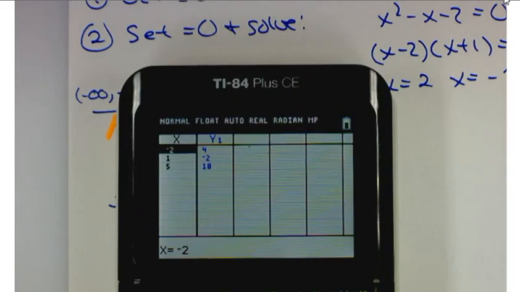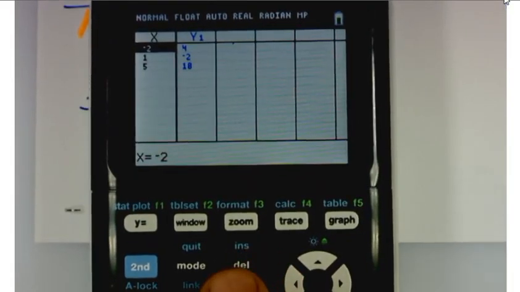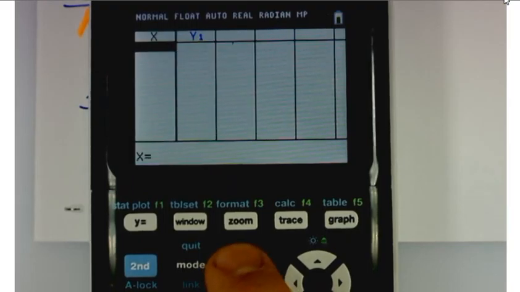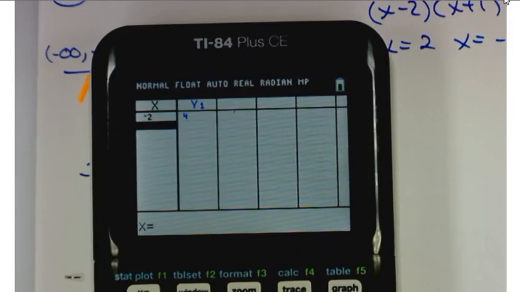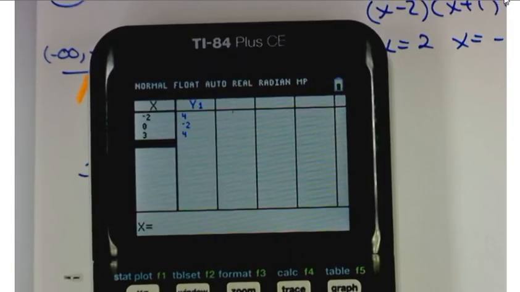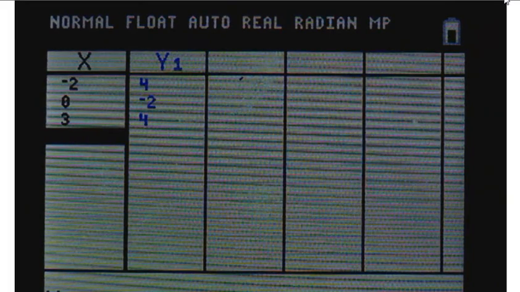So let's type in these numbers. If you have numbers here that you find confusing, you can hit the delete key right here and get rid of the old numbers. Now we'll type in negative 2, 0, and 3. Now the numbers that I get here don't really matter so much.